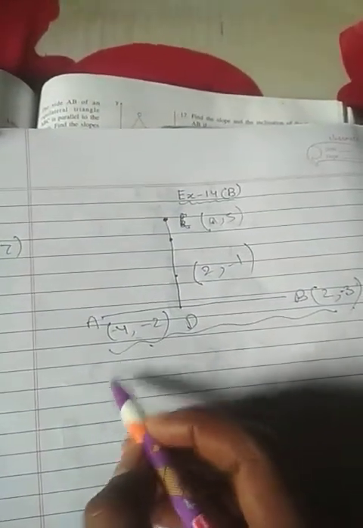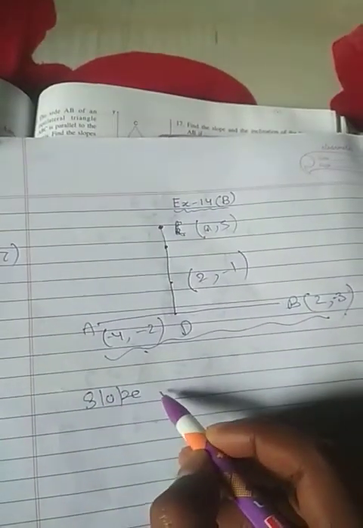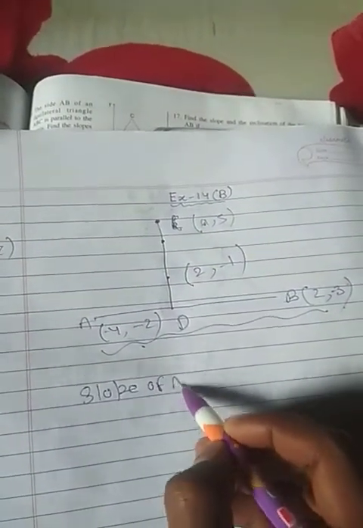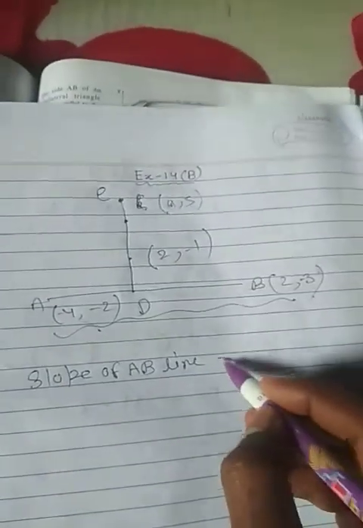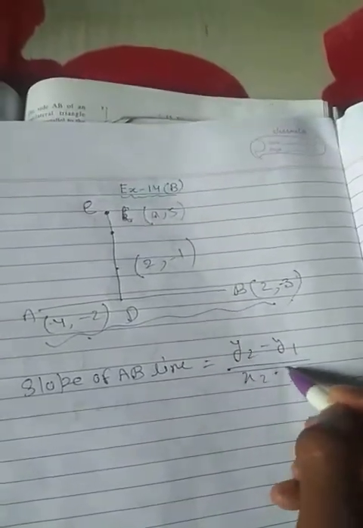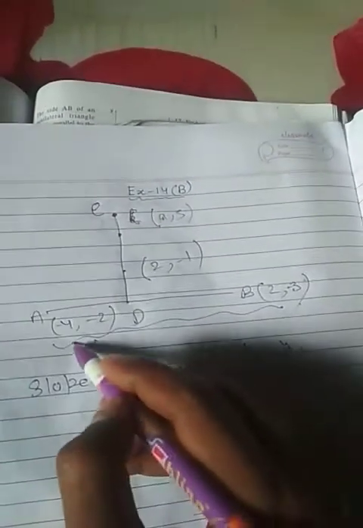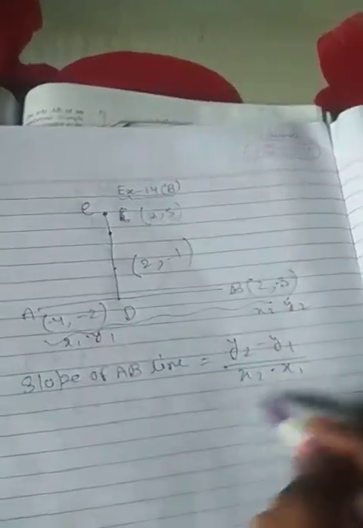Okay, so first find out the value of m, that means the slope of that line, and you know how to find the slope of AB. If the points are given, the slope of the AB line, we know the formula is y2 minus y1 by x2 minus x1. Here I am assuming this is x1, this is y1, this is x2, this is y2.